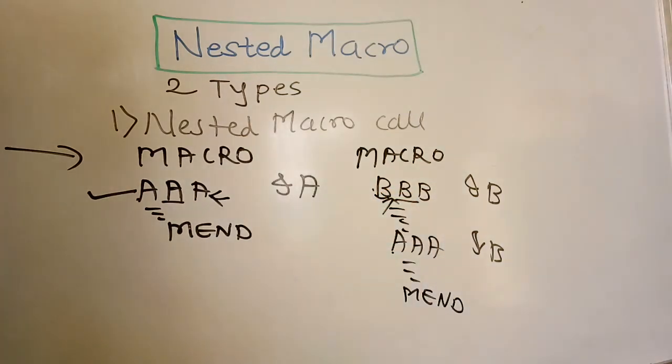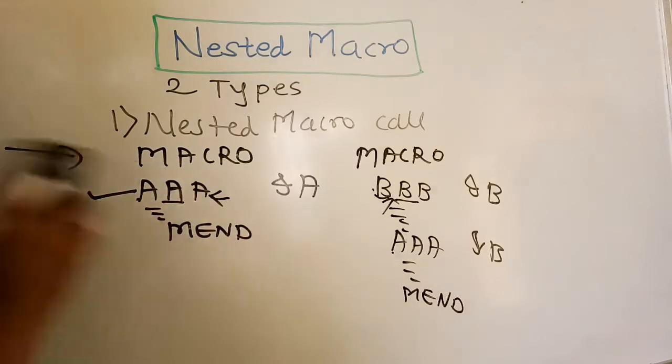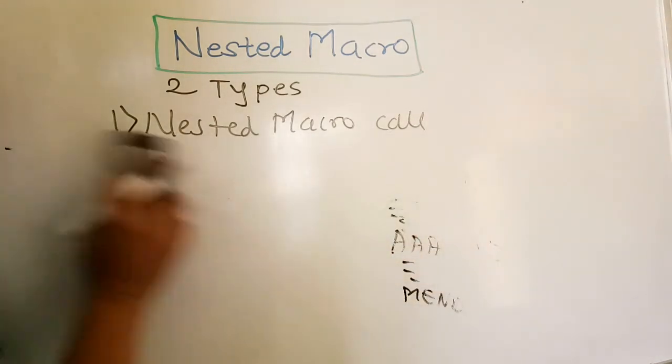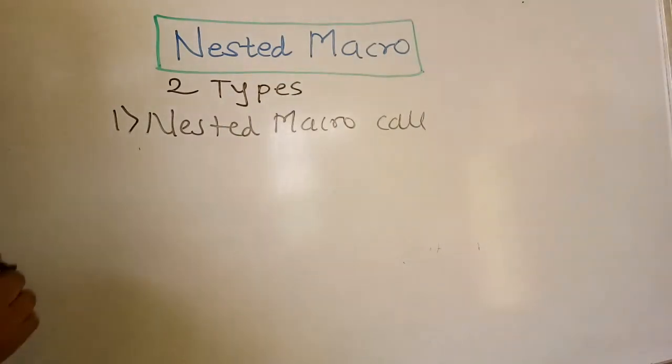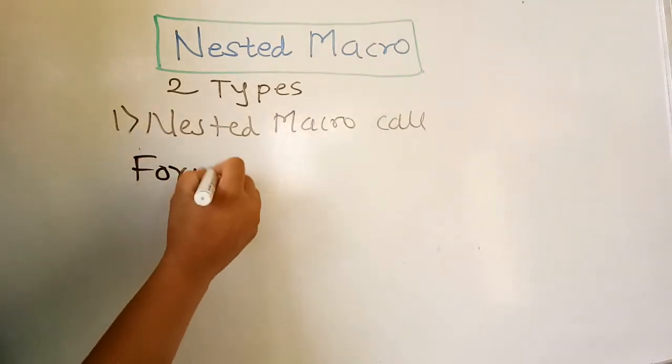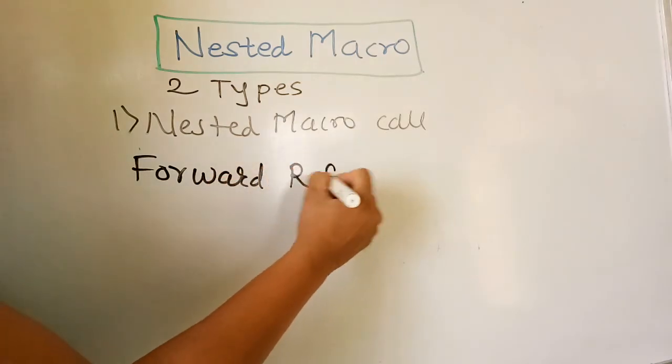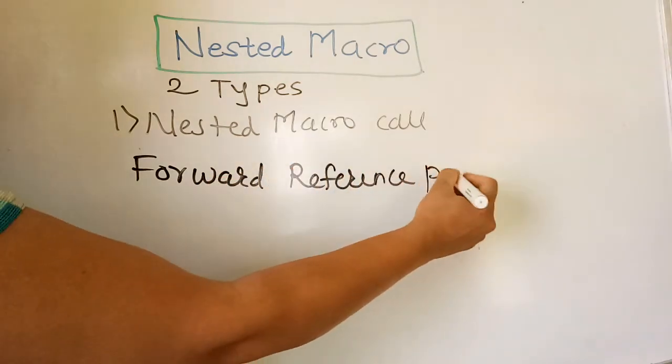Now we will take some different mechanisms related to nested macro call. For example, in some previous videos, we have seen the forward reference problem.